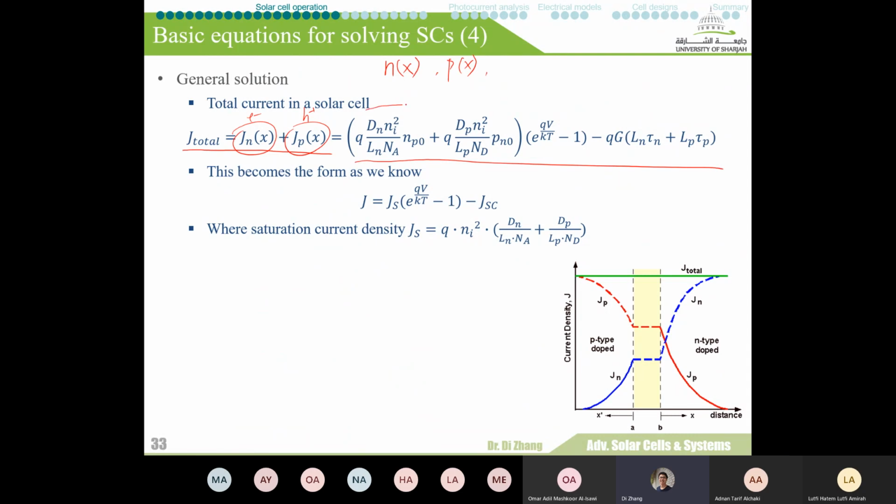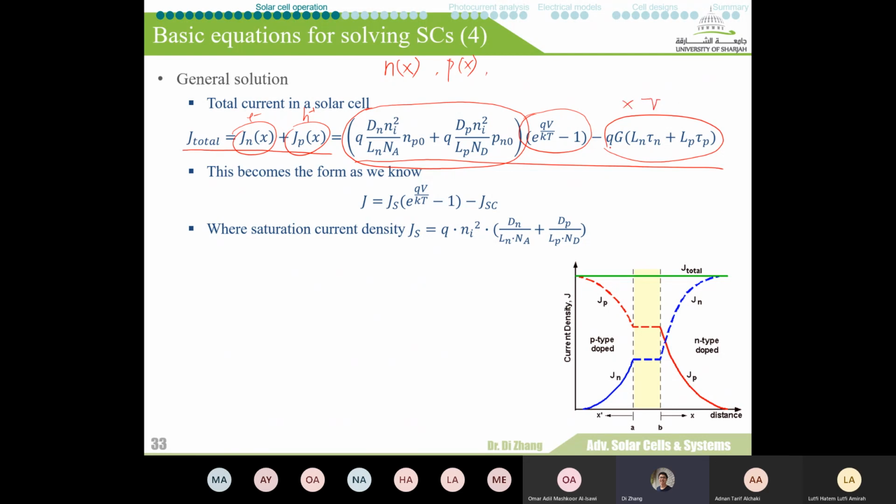We're going to see a chunk of parameters here that is followed by exponential minus 1. And then we're going to see another constant term here, everything inside is a constant. It's independent of voltage, right? It doesn't depend on the voltage.